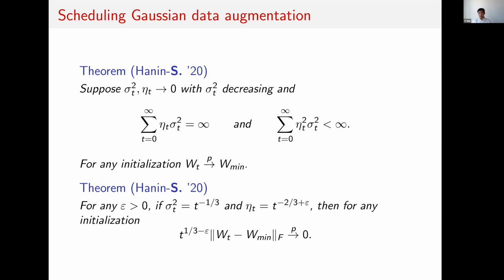The second condition, that the square of the learning rate times the augmentation strength should have bounded sum, well, the summand is proportional to the gradient noise that's injected at each step of optimization. So that second condition is roughly equivalent to the fact that the amount of noise injected in the gradients is finite.